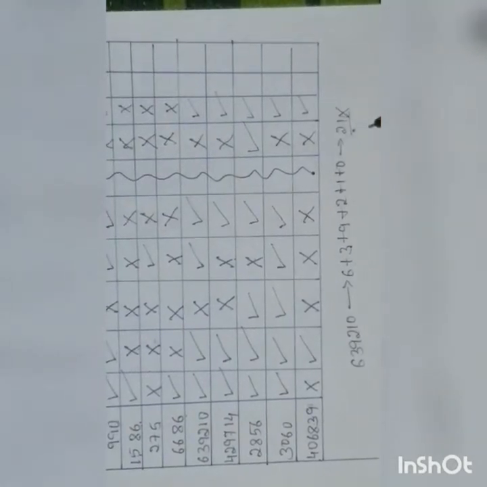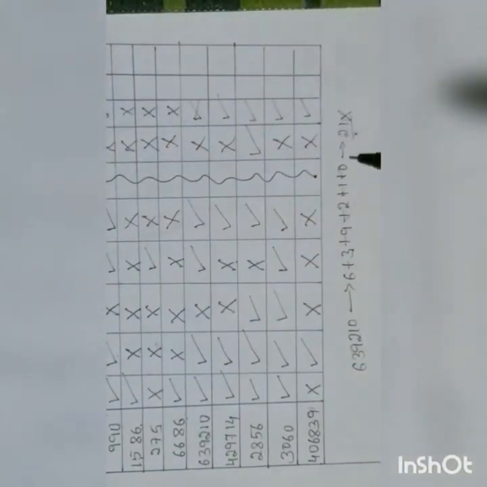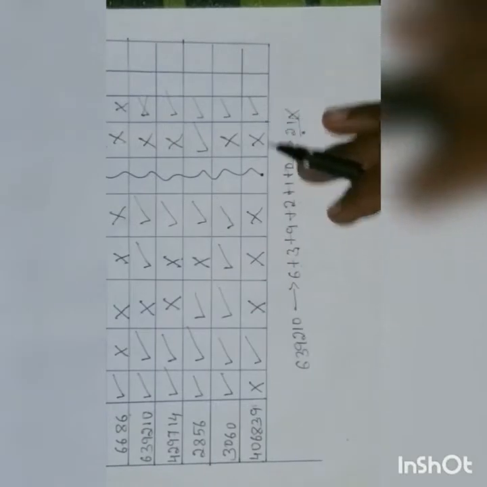Now I have to check whether 21 is a multiple of 9 or not. It is not a multiple of 9. When the sum of the digits is not a multiple of 9, the whole number is also not divisible by 9.